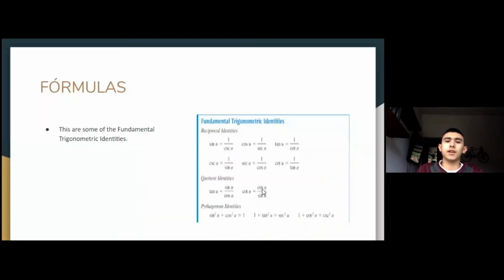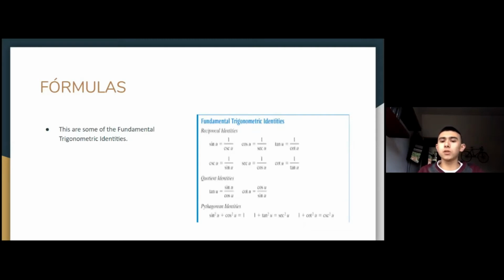Now, I will show you some of the formulas. These are some of the fundamental trigonometric identities. Here we have the reciprocal identities, the quotient identities, and the Pythagorean identities.